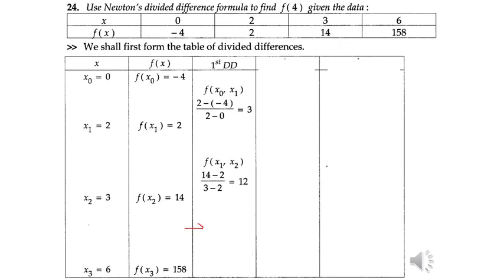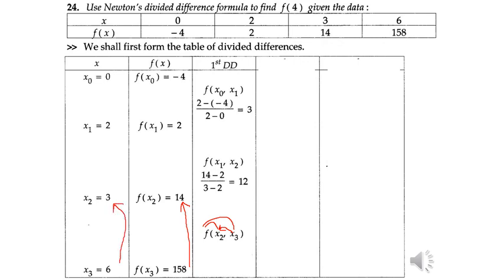Now what will the entry be denoted by? Yes, it is f of x2 comma x3. How do we find the value of this? It is f of x3 minus f of x2 divided by x3 minus x2.